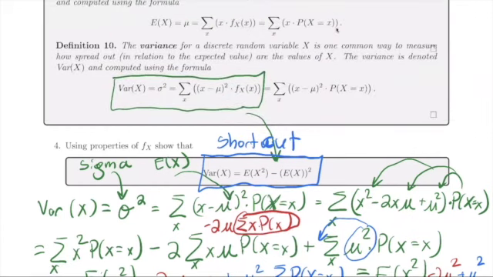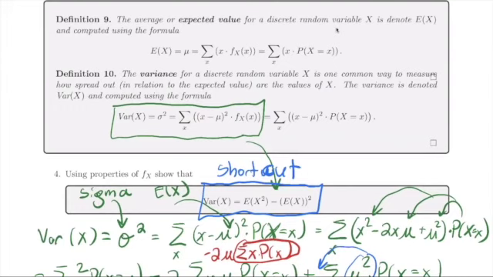But just to back up, what is the variance actually calculating? It's telling us the expected value of the difference of a value x from the mean of that whole random variable. So in some sense, this is telling us on average how far away the values of x are from the average value.